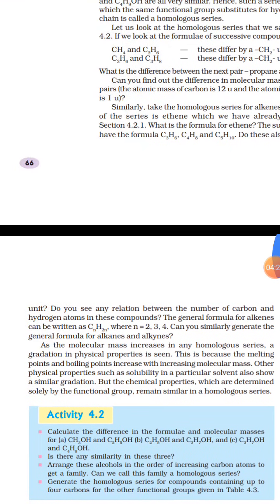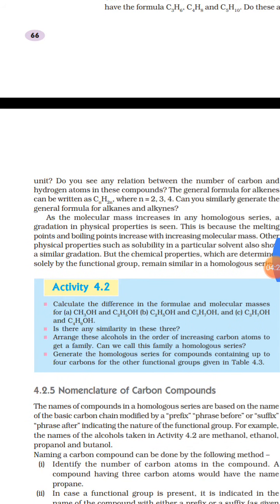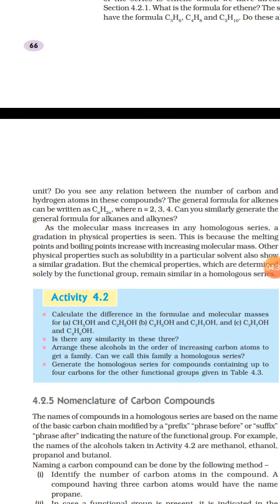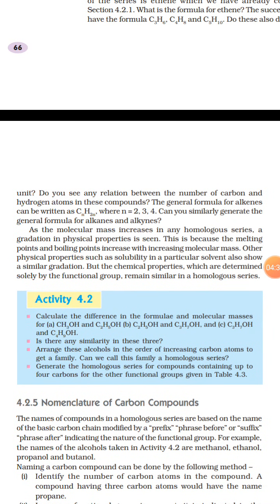So students, after a difference of CH2, different members of a homologous series come out. Do you see any relation between the number of carbon and hydrogen atoms in these compounds? The general formula for alkenes can be written as CnH2n, where n is equal to 2, 3, 4 and so on.